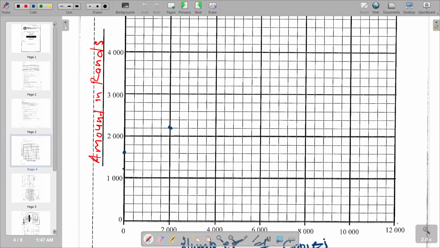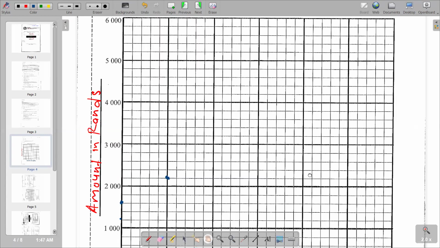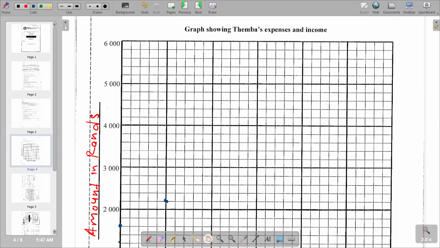So 12,000 is here, which is the extreme point, and 5,200 on the vertical axis becomes here. That's where we got our 5,200.